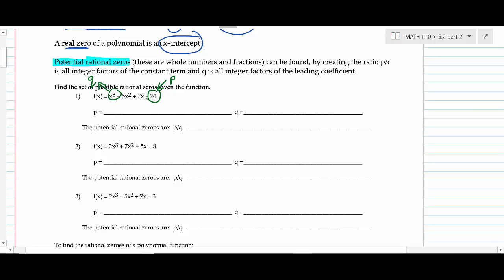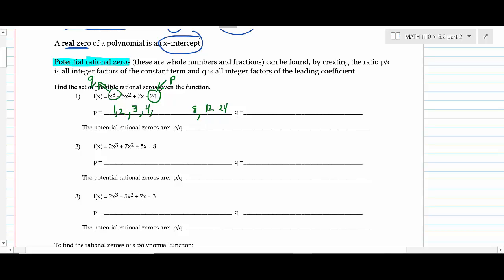Okay, so P. If you're going to do all of the factors of 24, I recommend you do it in a logical way. 1 and 24 are factors. 1 times 24 is 24. 2 goes into 24 12 times. That's a factor. 3 does too. 3 times 8 is 24.